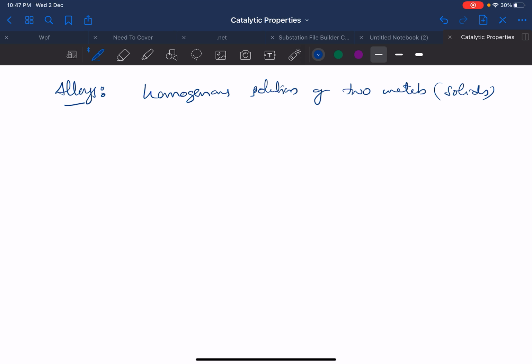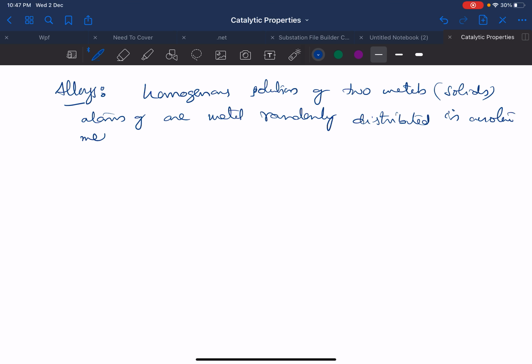In it, atoms of one metal are randomly distributed in another metal. That is called an alloy.